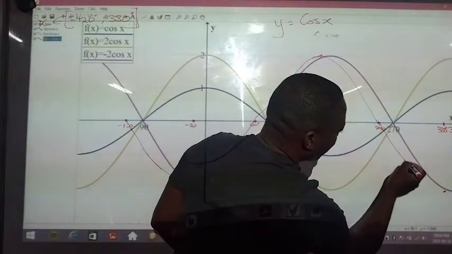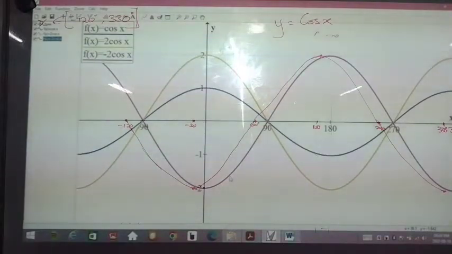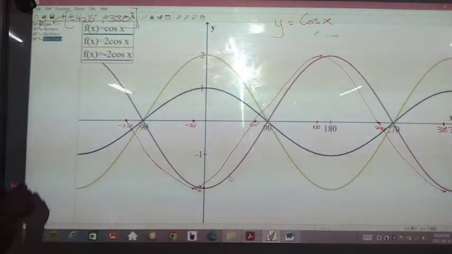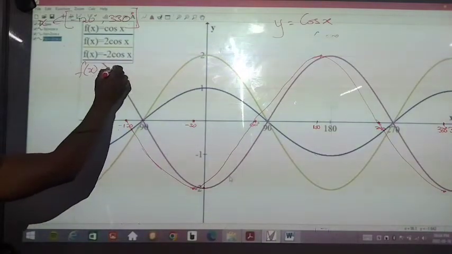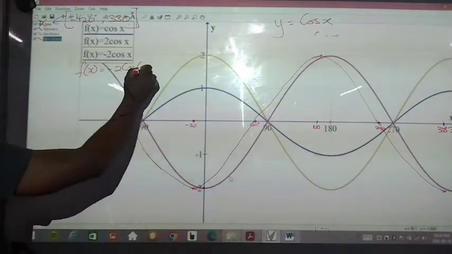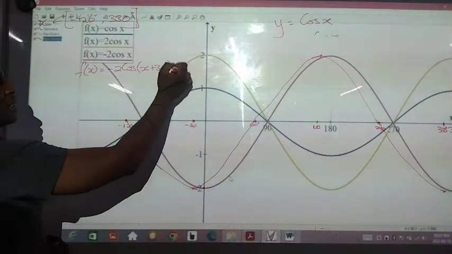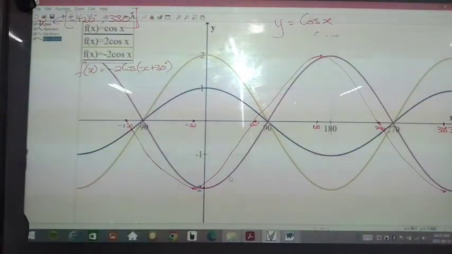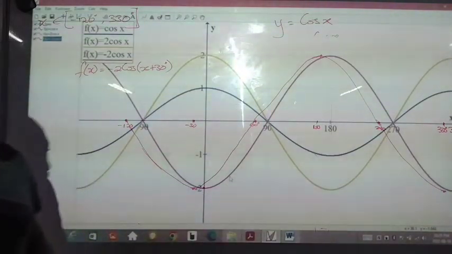So it will turn there, and then to end there. So that will be our graph, f of x is equal to negative 2 cos of x plus 30 degrees. Alright? Now, that's the horizontal shift.